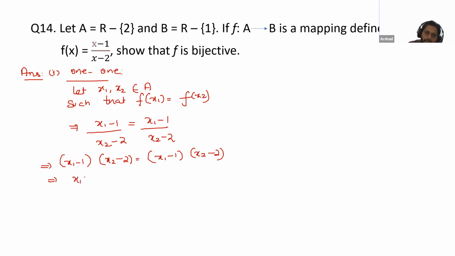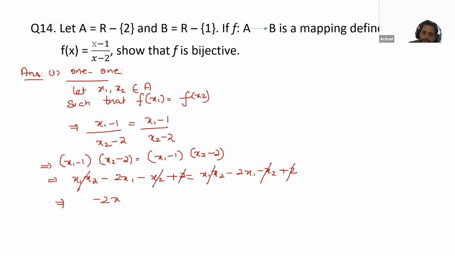Open this bracket: x1x2 minus 2x1 minus x2 plus 2 is equal to x1x2 minus 2x1 minus x2 plus 2. So finally we get minus 2x1. Why are we getting here minus 2x1?